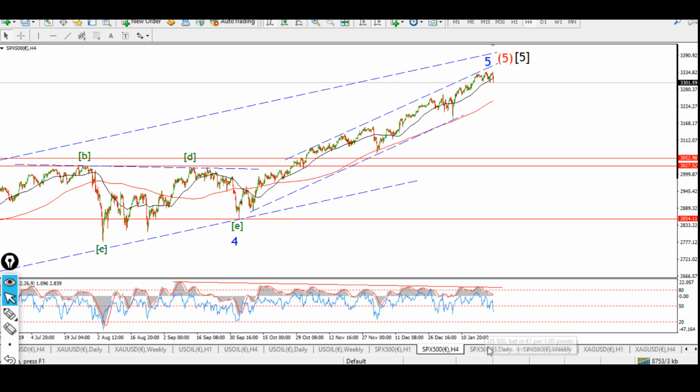There's definitely been a divergence, however muted it's been in the last while. Out of this triangle here, the actual peak in momentum happened in this wave D of the triangle. So ever since then, we've been creating lower highs in MACD and lower highs more or less in RSI.